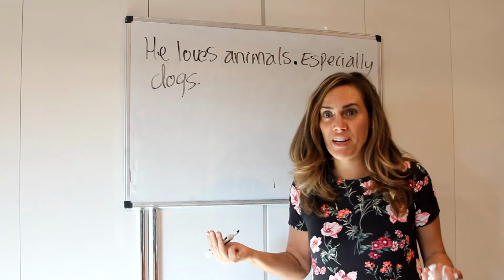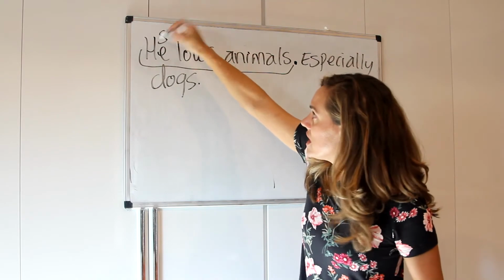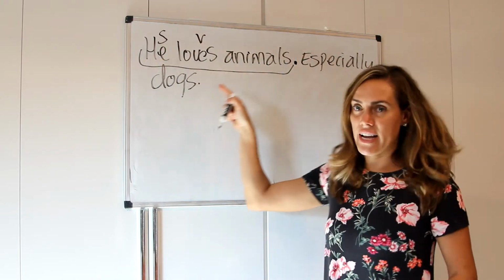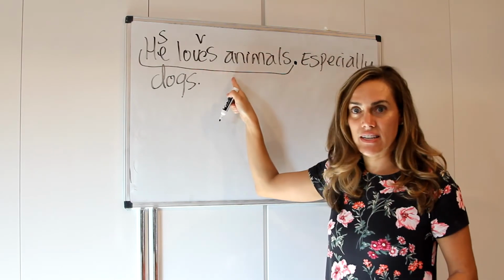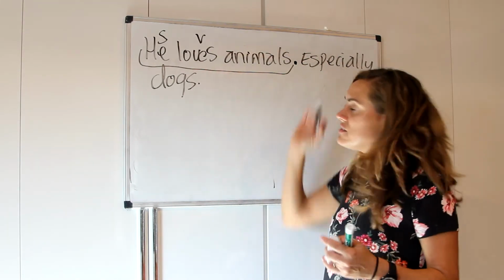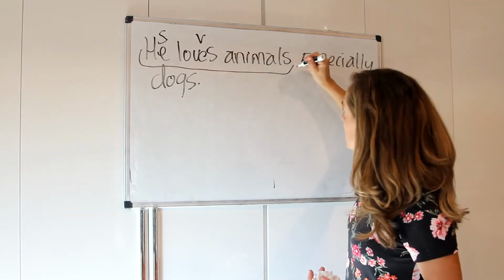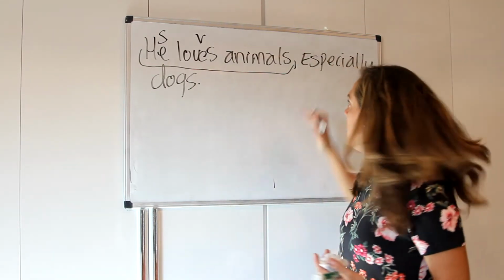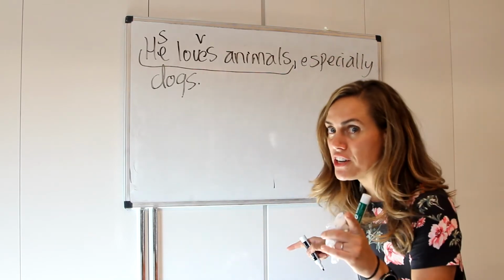No. Does it have a complete idea? No. This does: "He loves animals." Subject, verb, complete idea. We want to add this to this sentence. We don't want to separate it because it's a fragment by itself. So what can we do to combine it? Just turn that period into a comma and lowercase the e. "He loves animals, especially dogs."